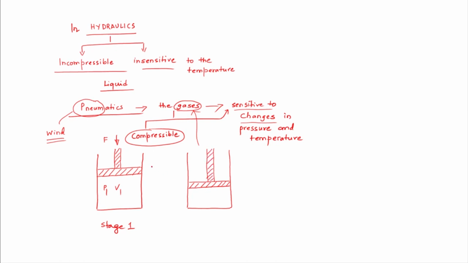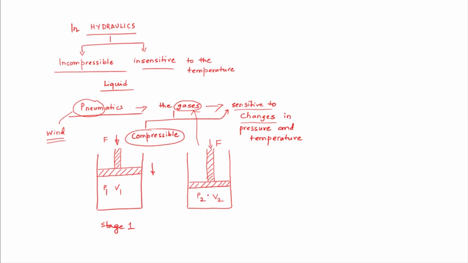The piston is displacing in downward direction. So due to the application of force F, the volume is reduced from V1 to V2, and there is a change in pressure from P1 to P2.